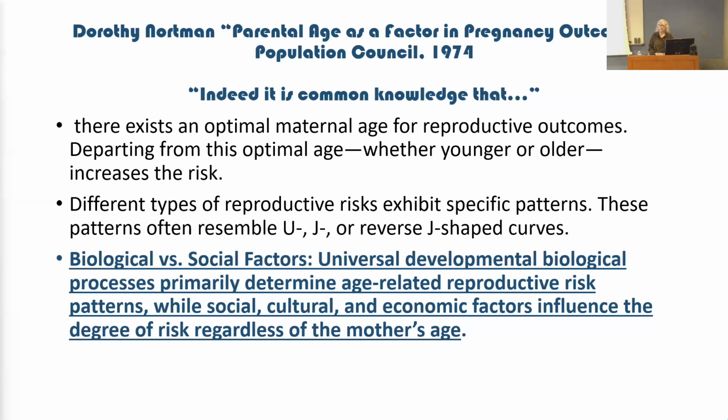What was known as the true age effects paradigm declared that reproductive, developmental, biological processes were universal and determined maternal age patterns of risk. Socioeconomic differences might influence the level of risk at a given maternal age across populations, but the maternal age pattern of risk was fundamental, set in stone, pertained worldwide.